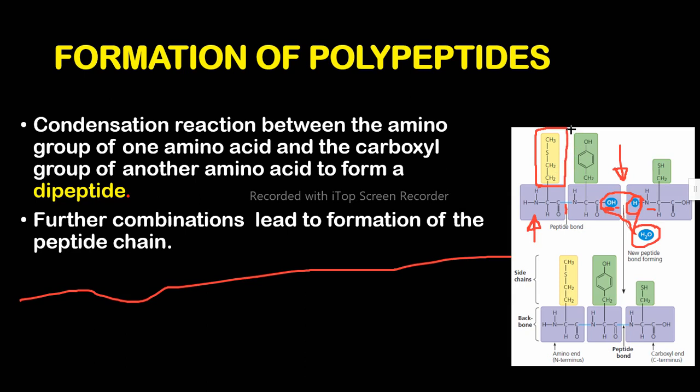And this is another R group, and the R group in this amino acid is like this. And this is the R group, and the R group in this amino acid is like this. So all amino acids have an amino group and a carboxyl group. However, the R group is the one that varies from amino acid A to amino acid B to amino acid C.